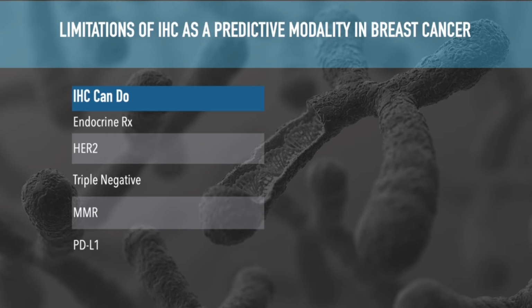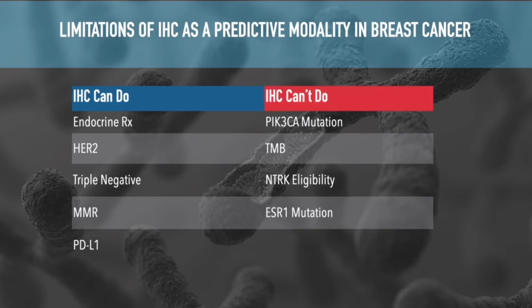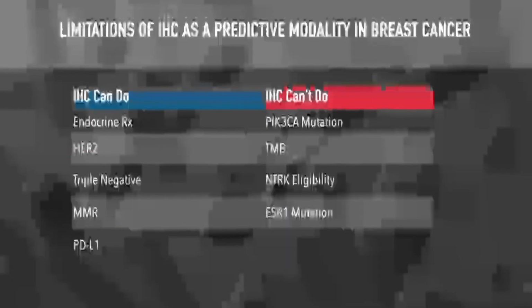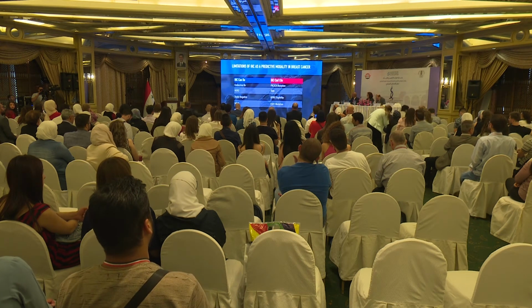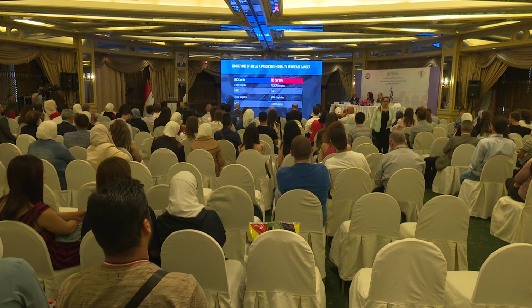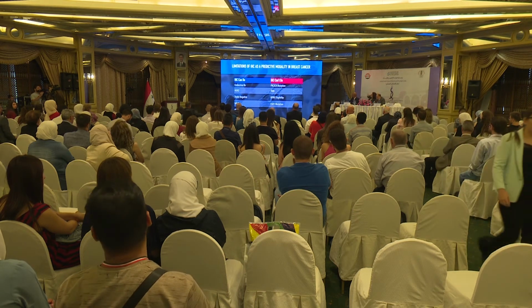What it cannot do is determine PIK3CA mutation. There's no mutation-specific antibody. It really cannot determine the tumor mutation burden. This has to be done by next-generation sequencing. And it cannot really determine the NTRK eligibility, even though there is a pan-NTRK antibody.